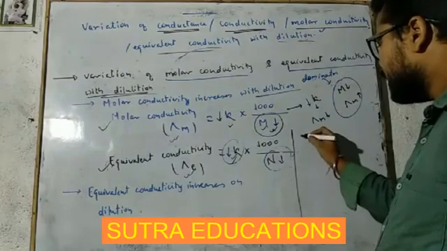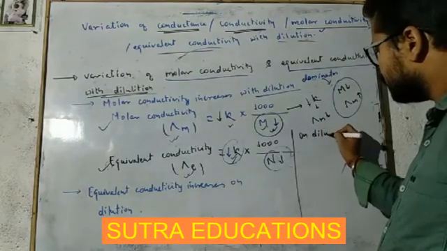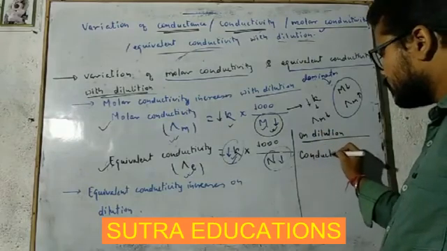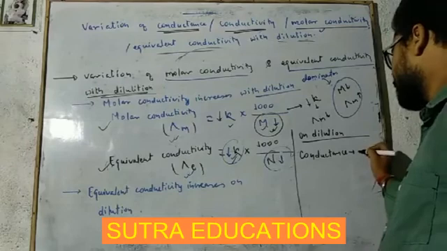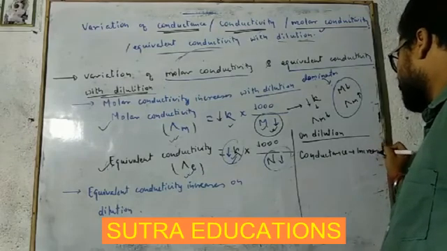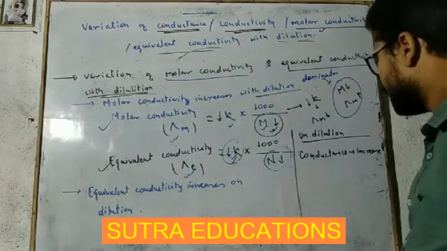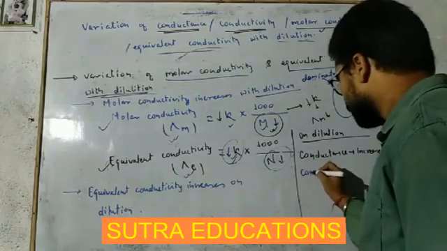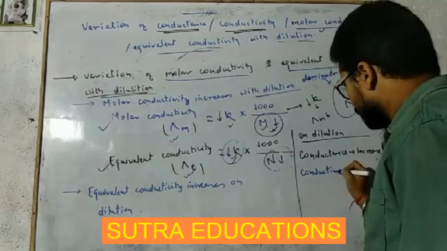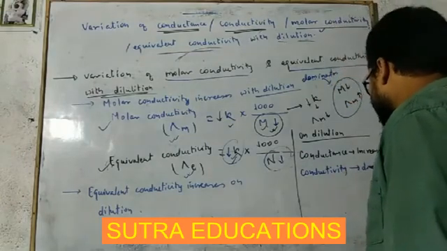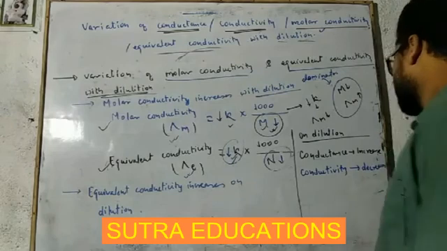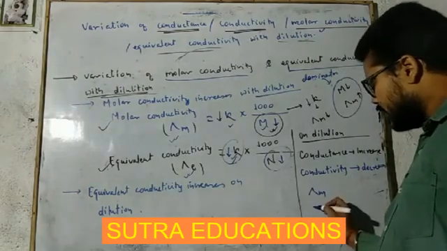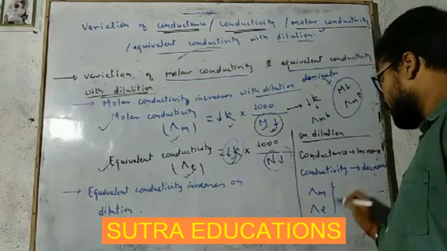So on dilution, conductance increases, conductivity decreases, molar conductivity lambda m and equivalent conductivity lambda e both increase.